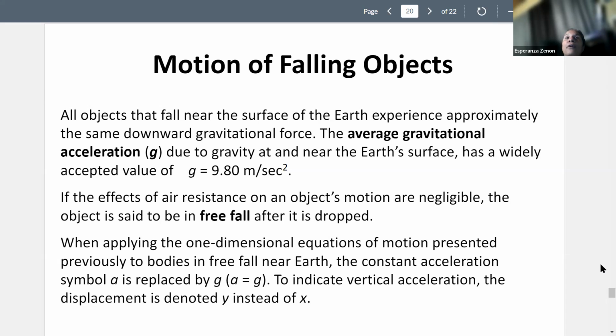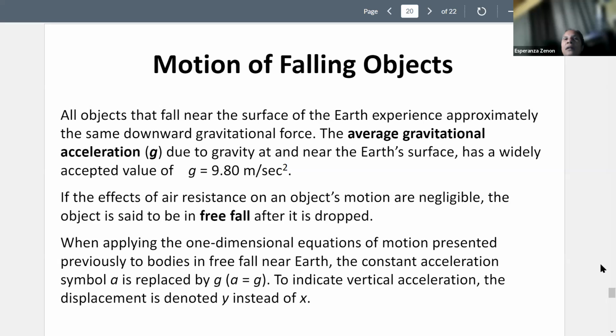And remember, vertical could mean up or down. What makes it free fall is moving vertically under the control of gravity only, no air resistance. So that's your scenario when we deal with free fall. It's moving vertically, up or down, but the only thing controlling it is gravity.